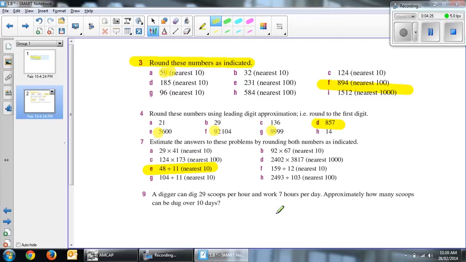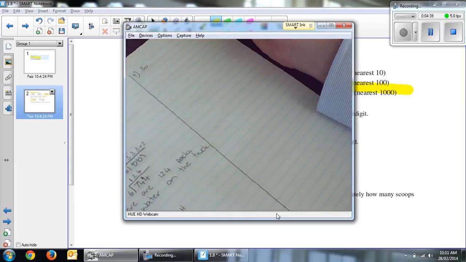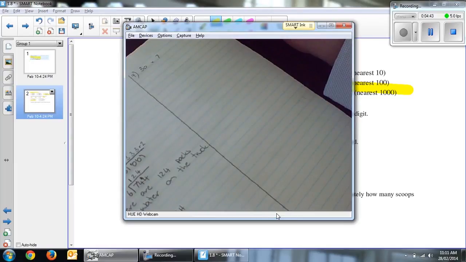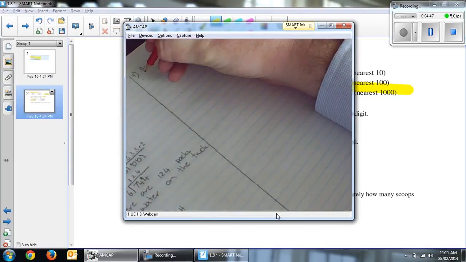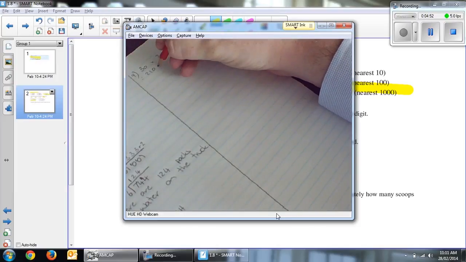We can do this without approximating or estimating, but in this instance, I'm going to say it's probably going to be easier for us to round 29 to 30. So we're going to go 30 scoops per hour, and they work for 7 hours per day. So 3 times 7 is 21, and we add in our 0 again, which gives us 210 scoops per day.